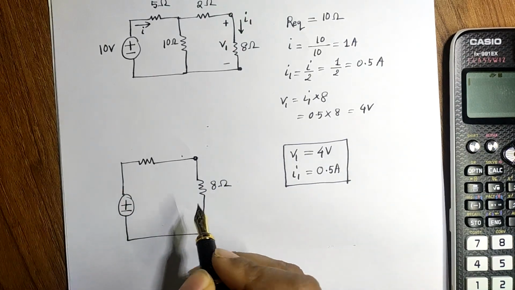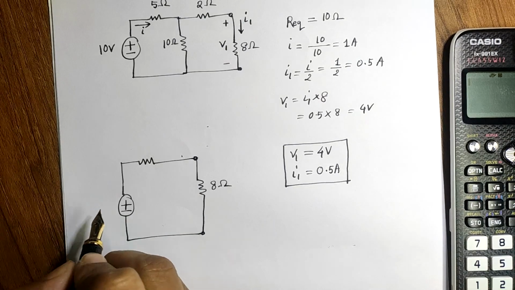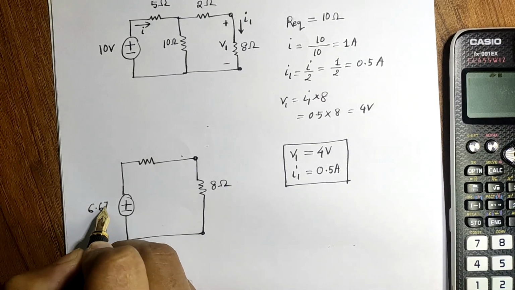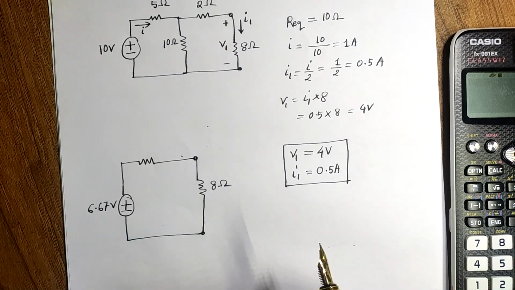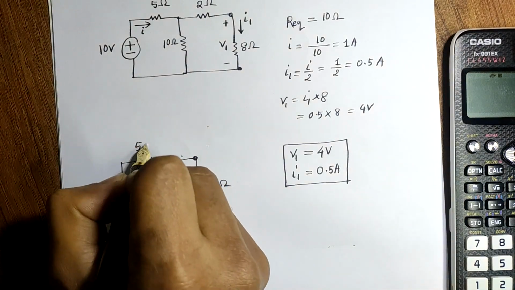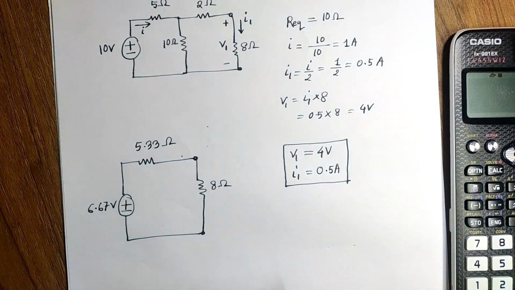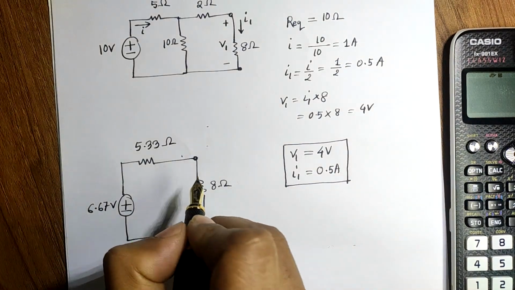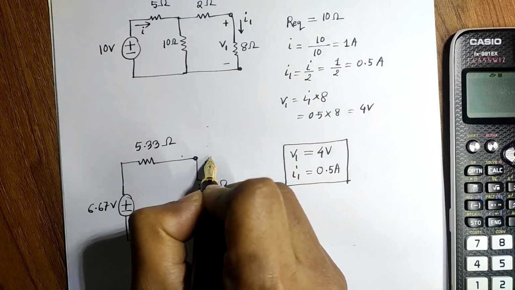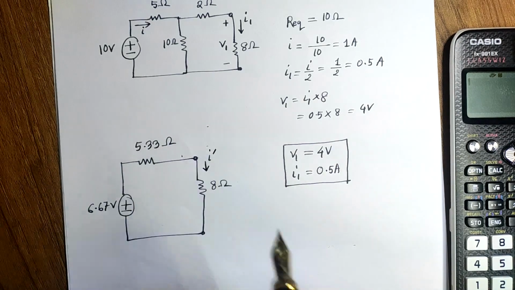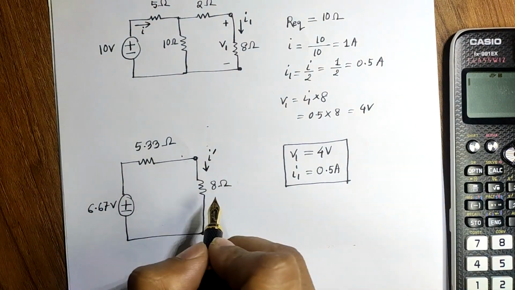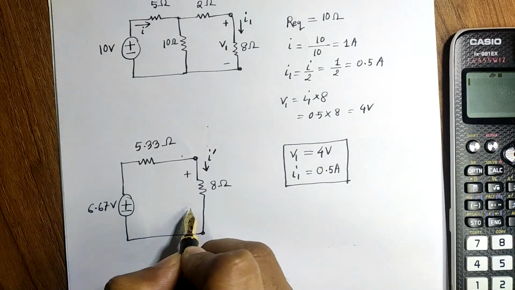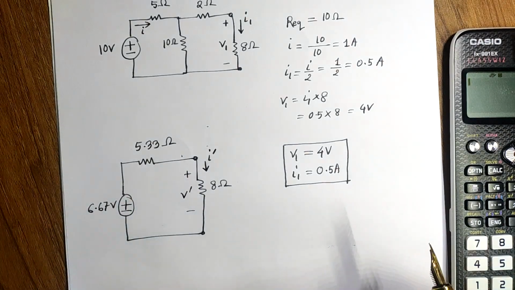And now let's consider the voltage source is 6.67 volt and the resistance is 5.33 ohm. Now let's again find the current. Say now it is I prime, and let's again find the voltage, which is, say, V prime.